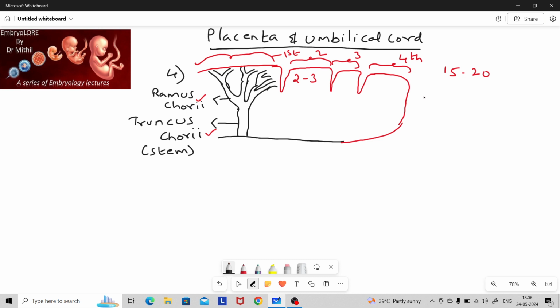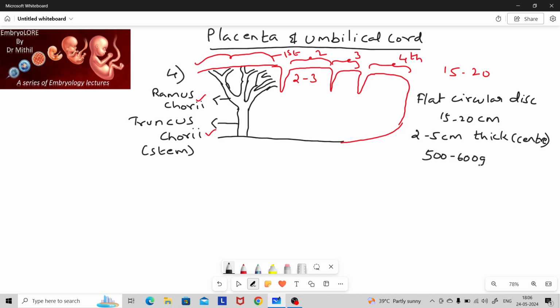It is a flat circular disc, 15 to 20 centimeters in diameter, and thick in the center, about 2 to 5 centimeters, particularly at the center, not at the periphery, which is variable. The weight will be around 500 to 600 grams, which will be very less in anemia and very more in gestational diabetes mellitus.